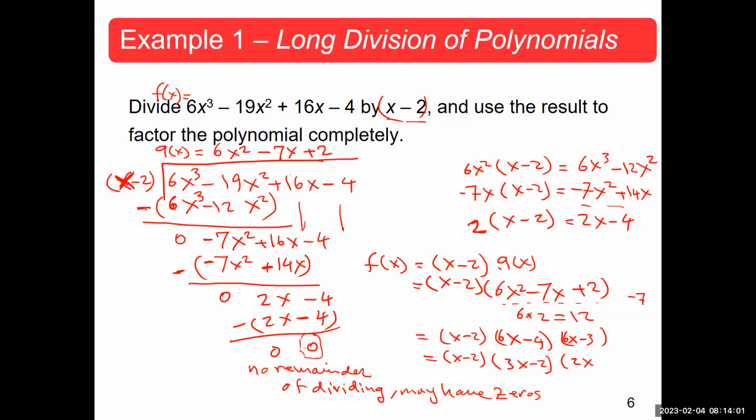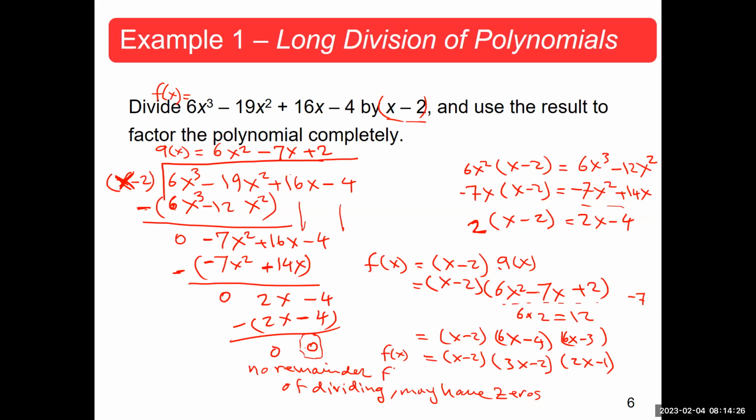You get 2x minus 1. Whatever number I factor out, you don't even have to write them down because they are extra. So we factor out the 2, we factor out the 3, and that's it. That's your final answer.